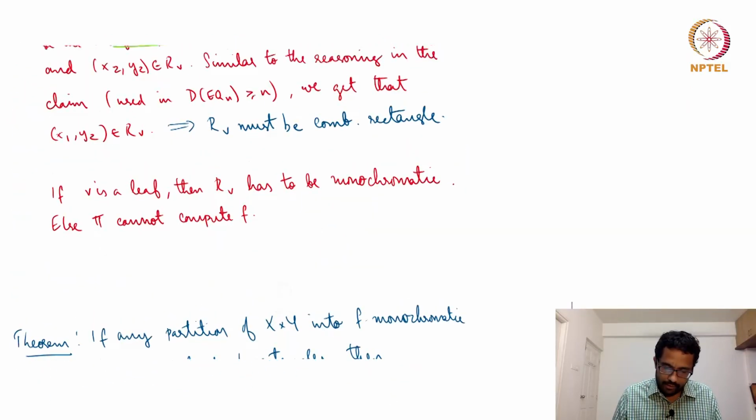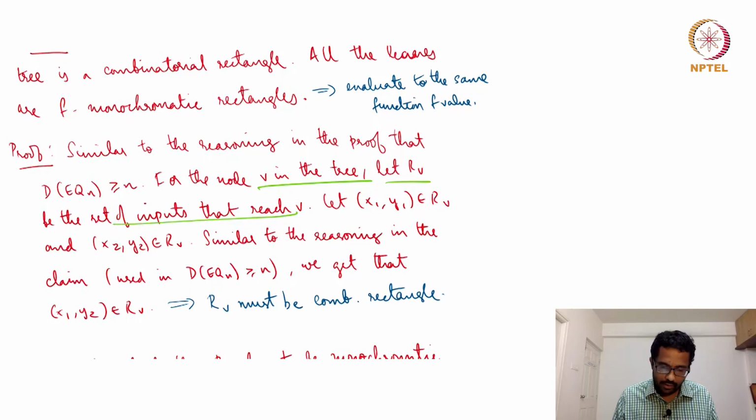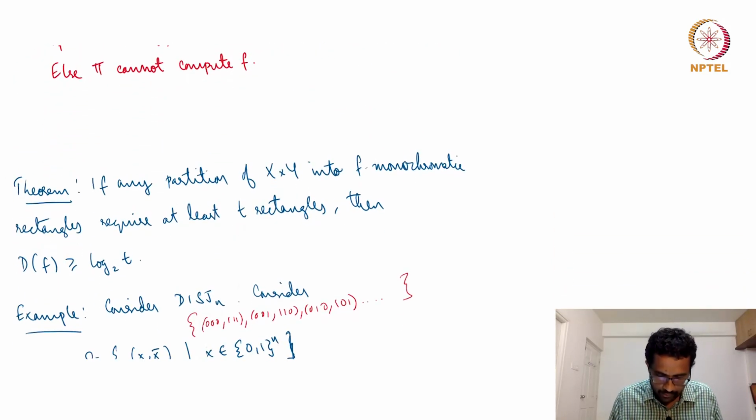Okay. So why are we doing all this? We are doing all this to get a technique to bound the communication complexity of any function. Suppose we know that a certain function has a certain matrix, and however which way you try to divide it into combinatorial rectangles, that matrix requires 1000 rectangles.